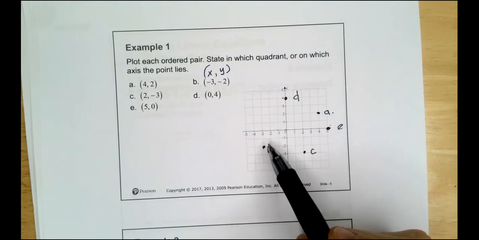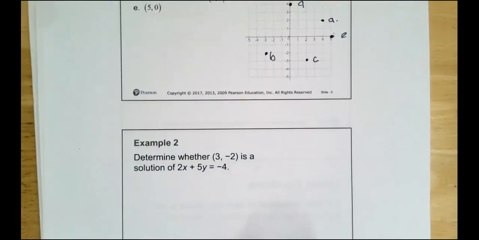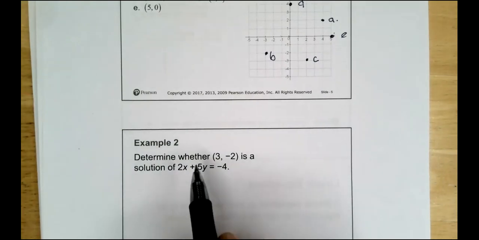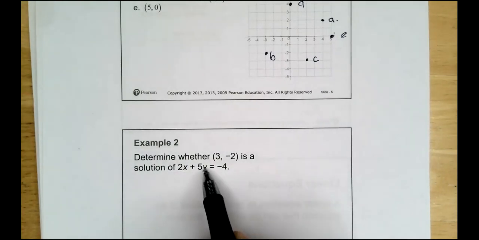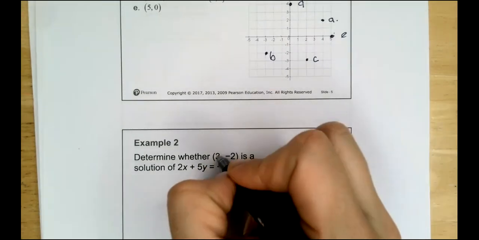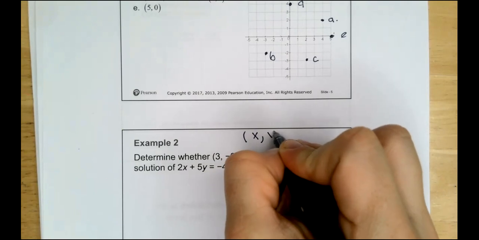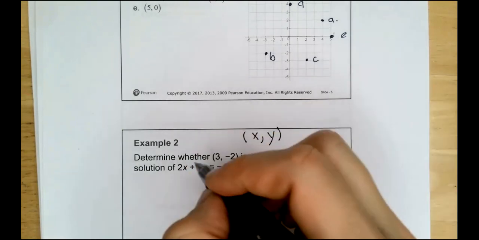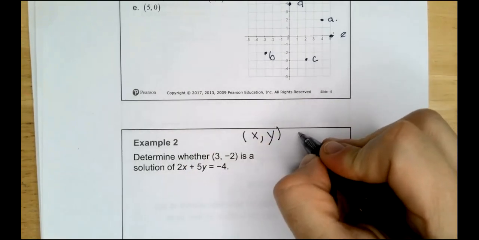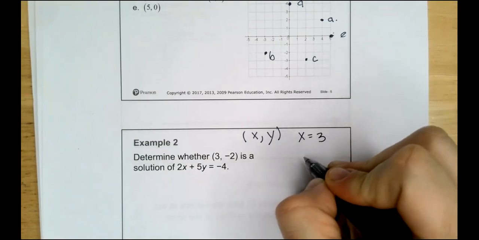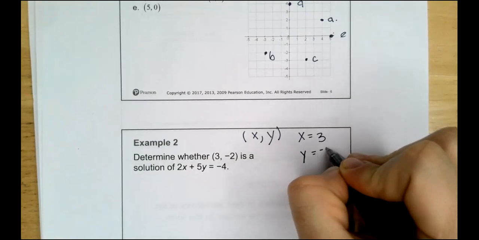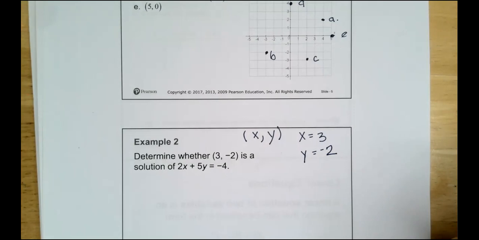But what does that have to do with an equation? So for an equation, you will have an x value and you will have a y value, and for a coordinate point, you have an x value and a y value. The first term is your x value, the second term is your y value. That means for (3, -2), x is 3, y is negative 2, right?